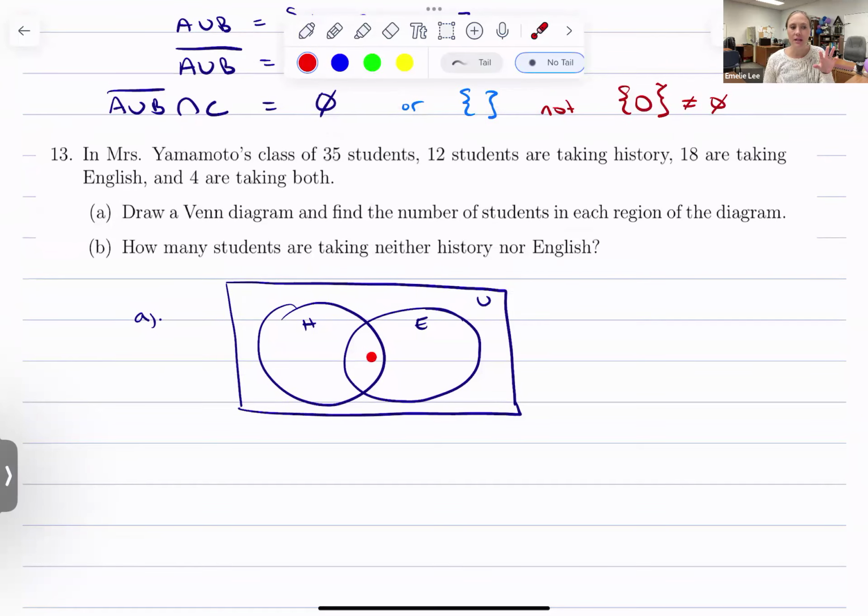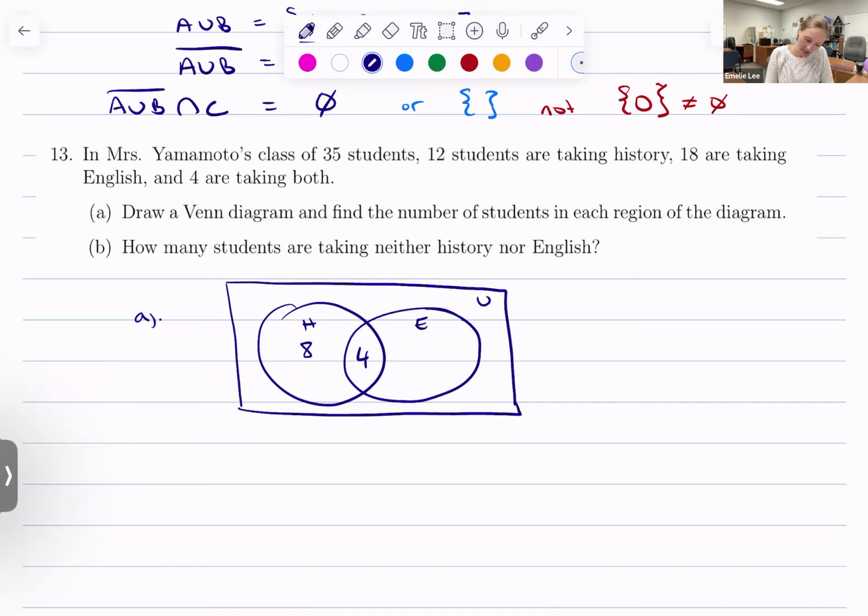How you want to tackle the Venn diagrams, remember, is to start at the very innermost area, and then subtract that area as you move out. So 4 are taking both, which means that a total of 12 have to be taking history. 12 minus 4, because I've already listed 4 of them taking both, means that 8 are taking only history.